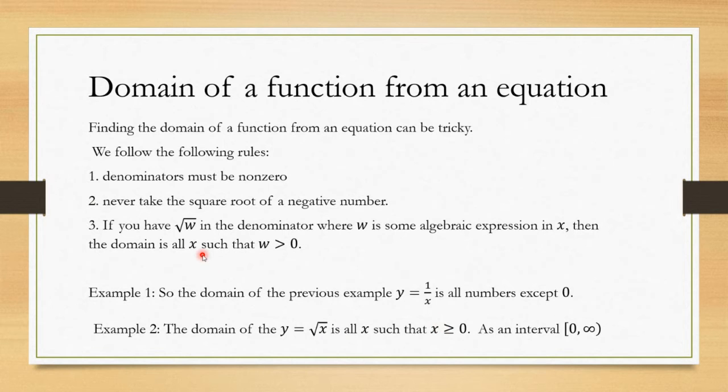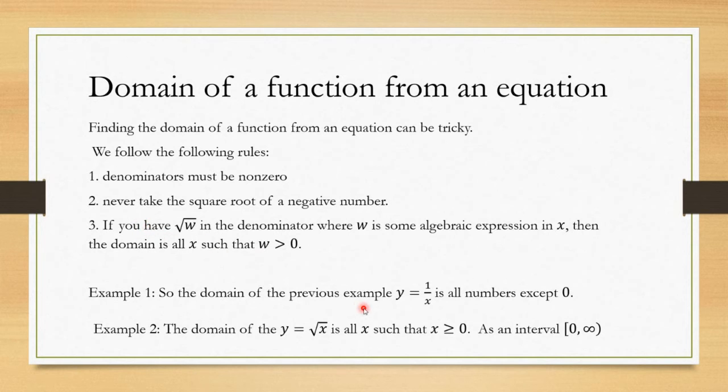Now, if you happen to have that square root in a denominator, like 1 over the square root of w, then you have to determine when that w is strictly greater than 0. That's really what I'm saying here. So you could think of rule 3 as almost like a special case of rule 2, really. So that's what we have here.